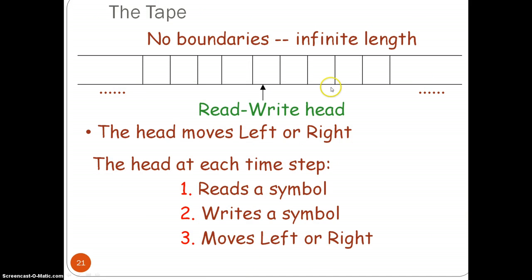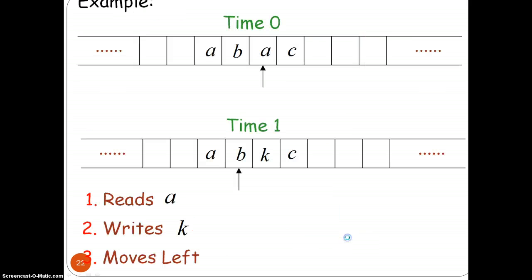This is a tape that is of infinite length, and we have a read-write head, and this read-write head can move either left or right. At each instant of time, the head does 3 activities: it reads a symbol, writes a symbol at that place, and moves either left or right. At time 0, we are reading A. According to rule number 1, we read A and write K at that place, and we move our read-write head to the left.